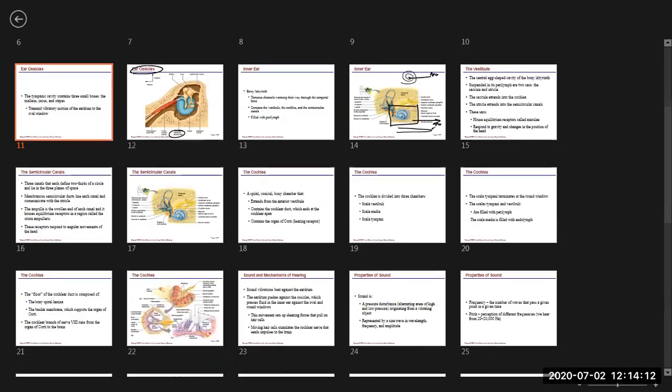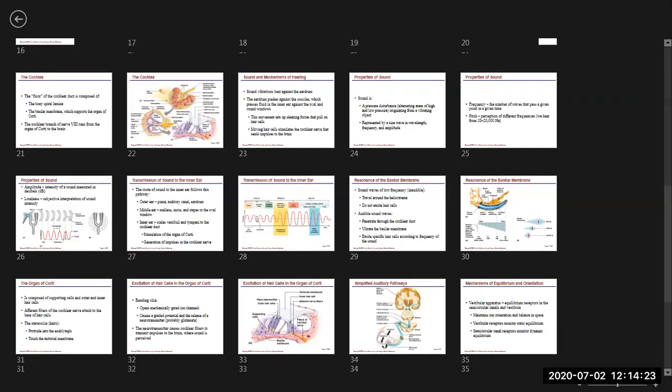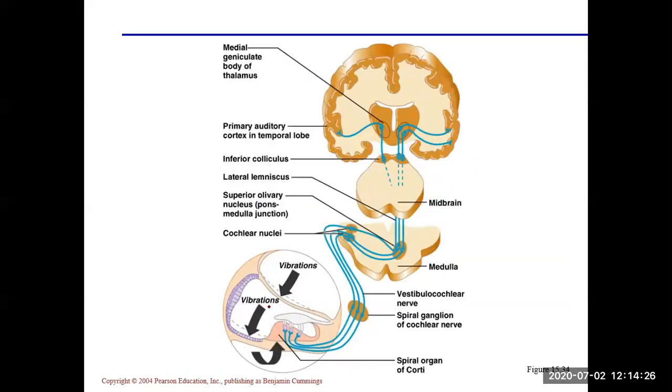So again, if you look at the video, I think it's going to help you very well. There are some ideas about the properties of sound and the transmission of the sound. They're pretty straightforward if you want to go through it. But basically what is happening, movement of the fluid is going to cause the tectorial membrane to move, and therefore the hair cells start moving, and these hair cells are unique. They are mechanoreceptors. Remember that.